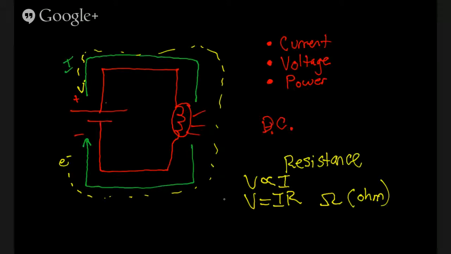And so let's say this is a 1.5 volt cell. All right, this is your standard AA battery, basically, and we have a lamp of some unknown resistance. And let's say we measure our current here. We'll put an ammeter in here. All right.